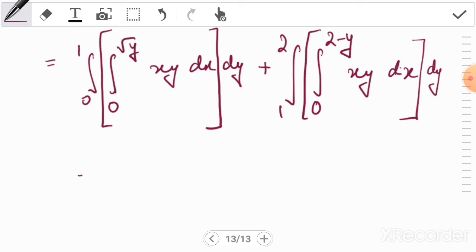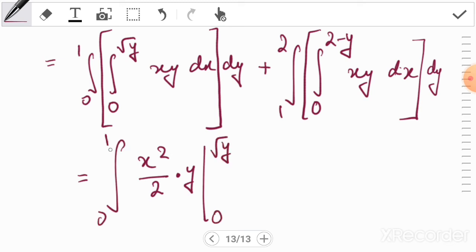Integrating with respect to x, we have x square by 2 with y as constant, and x from 0 to root y, then integrate 0 to 1.